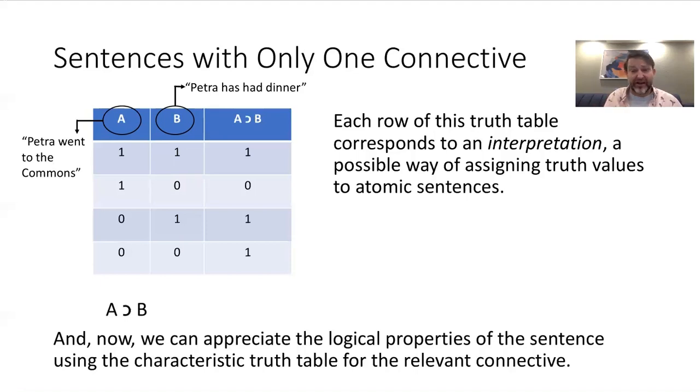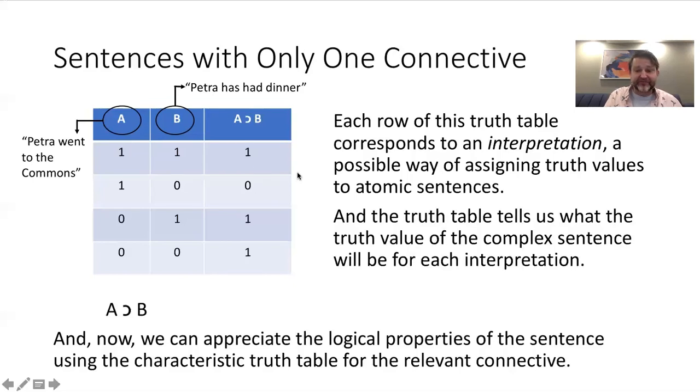But those are the only truth values in classical logic. It can be true or it can be false. So we have here instances where A, Petra went to the Commons, is true, and instances where it's false. And we have instances in which Petra has had dinner are true and false. And this captures all the ways that those sentences may be true or false relative to one another.